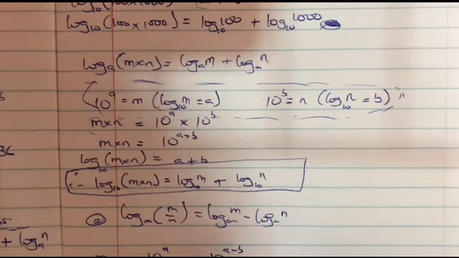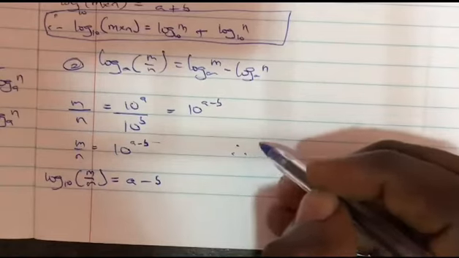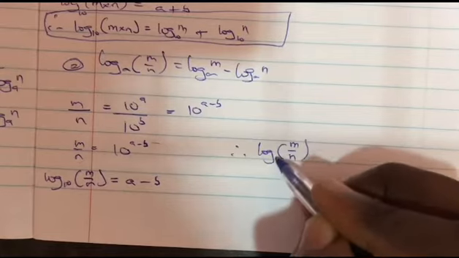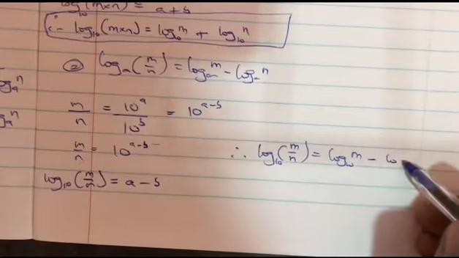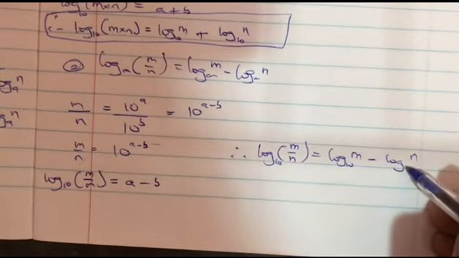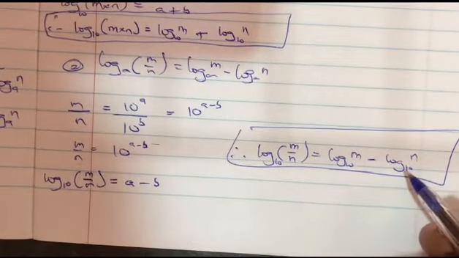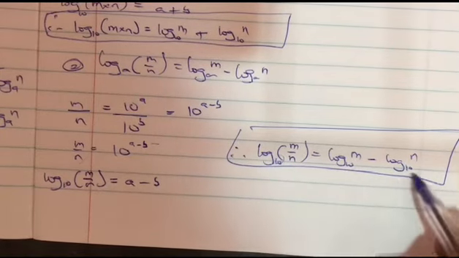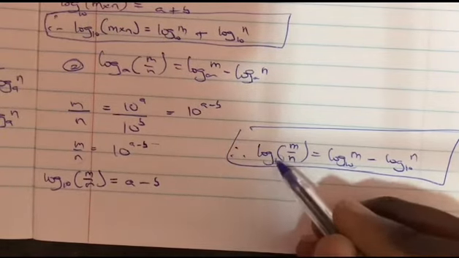So log of m over n to the base 10 is equal to log m to the base 10 minus log n to the base 10. We've proved that. What you must note is that they all have to be in the same base. So if this is a, this is a, let them be a; you can put any variable here.